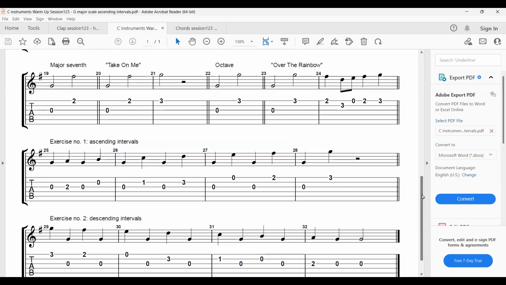And the only example I could find was Take On Me by Aha, if you know that song. So it's not perhaps the most recognisable one, but have a listen to Take On Me by Aha, and you'll hear him singing this interval at the beginning. He's an amazing singer. Let's just play the major seventh interval, G up to F sharp, concert. 1, 2, 3, 4.